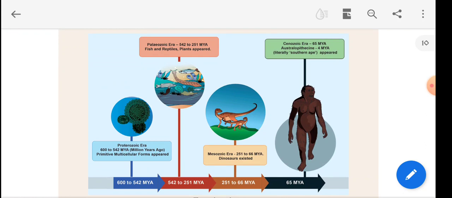The human being came from the apes. Already we know that. That is why we call human a social animal. The great apes. Human beings are also included in the great apes.